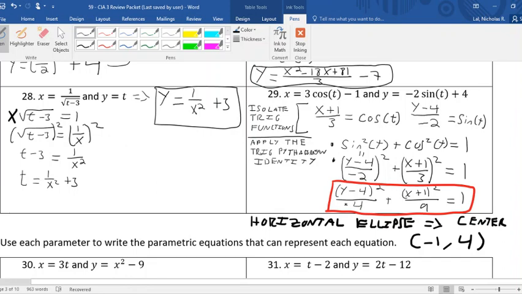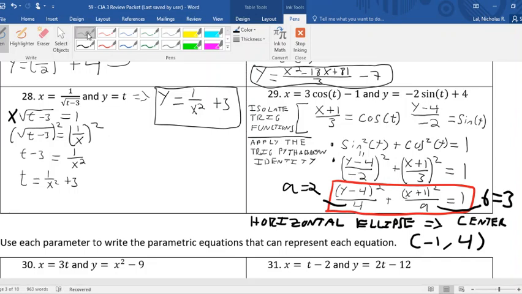A equals 2, B equals 3. All right, so that is 29.